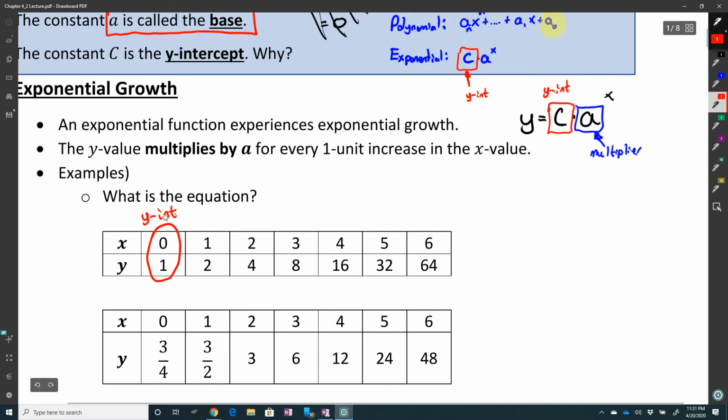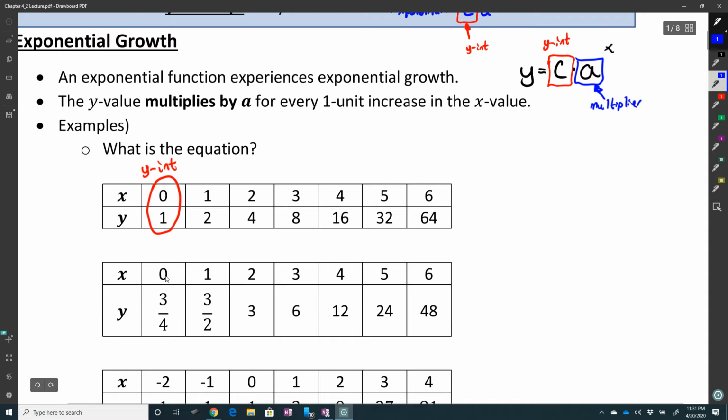X is 0, so that's the definition of the y-intercept: the y value when x is 0. And if I look at multipliers, every time I go across from one y value to the other, I'm multiplying by 2, times 2, times 2, times 2. And so here the multiplier is 2, so that means that a is equal to 2.